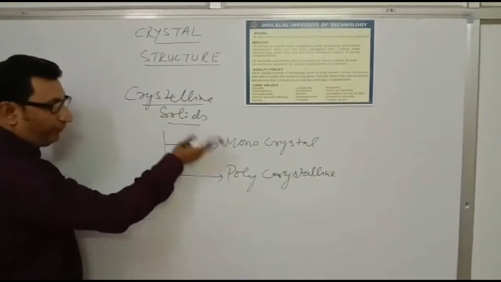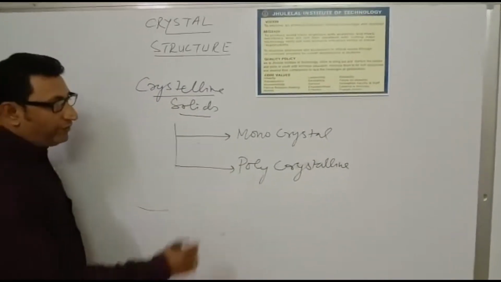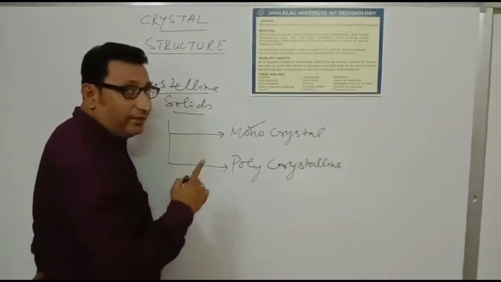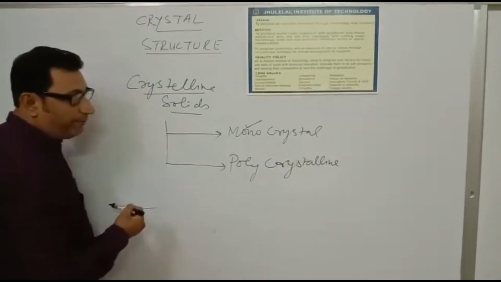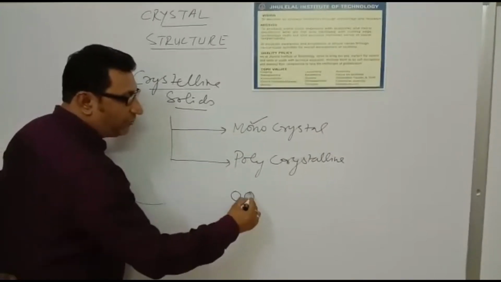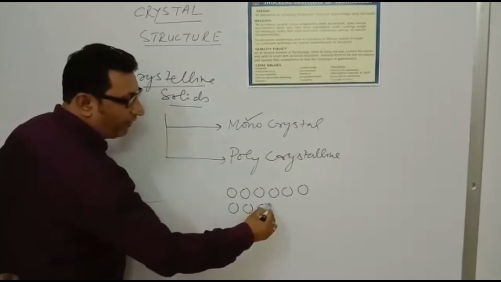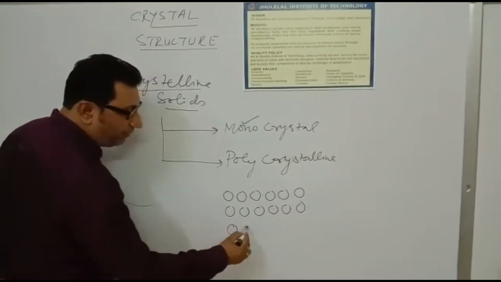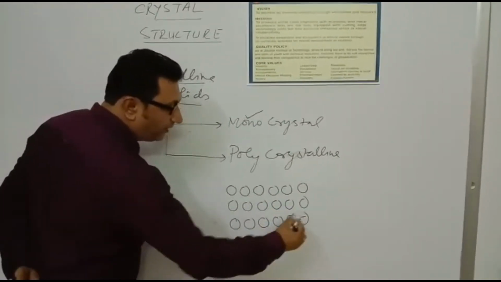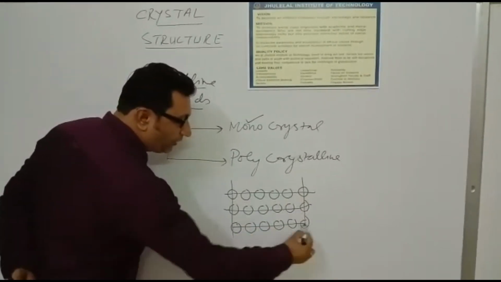These are the two different types of classification of crystalline solids. When we talk about monocrystal, mono means single. So what is a monocrystal? If the symmetry of arrangement of atoms is the same all over the solid, such solids are called monocrystalline solids.